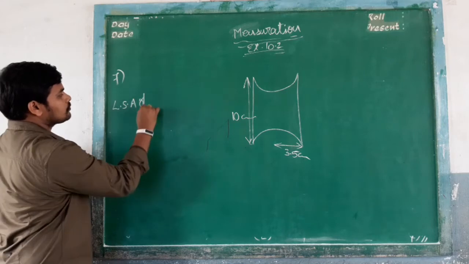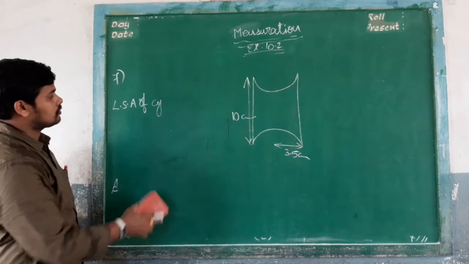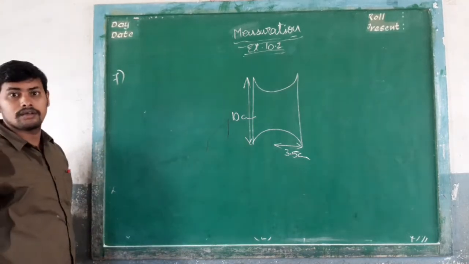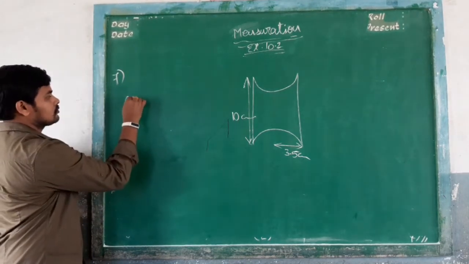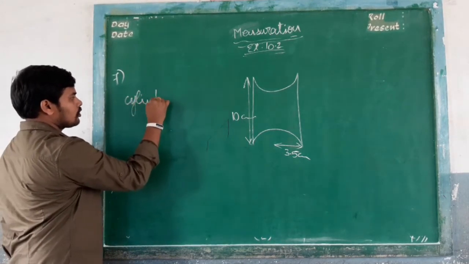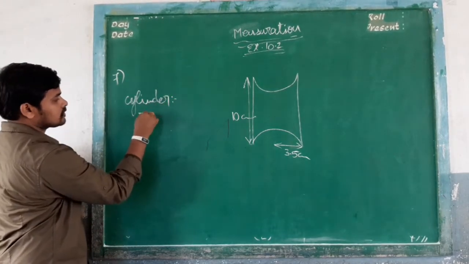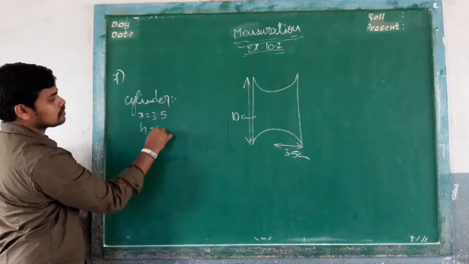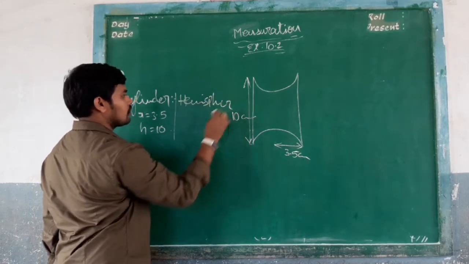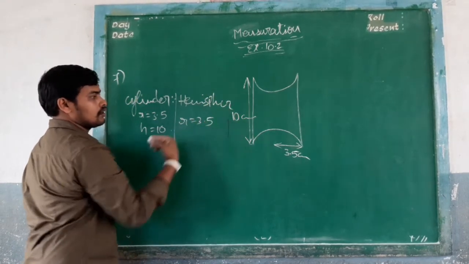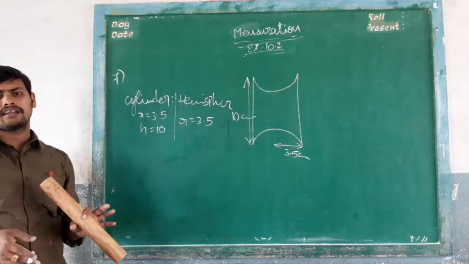Lateral surface area of cylinder, radius 3.5, height is 10. Hemisphere, radius 3.5. So simply you have to add all the lateral surface areas.